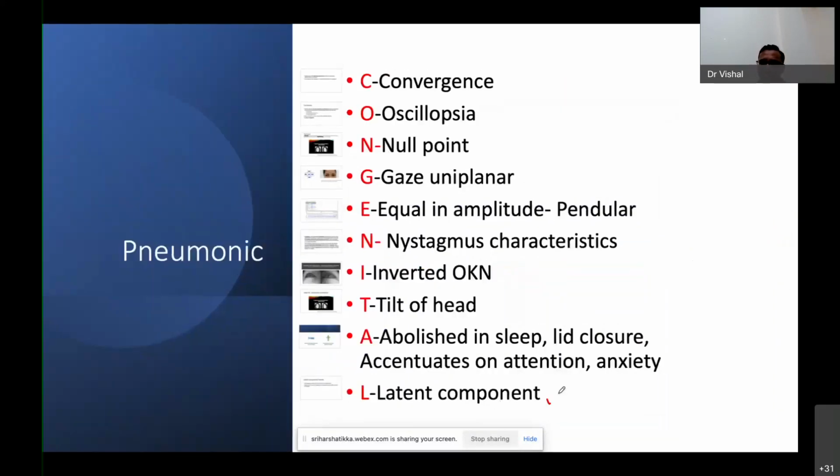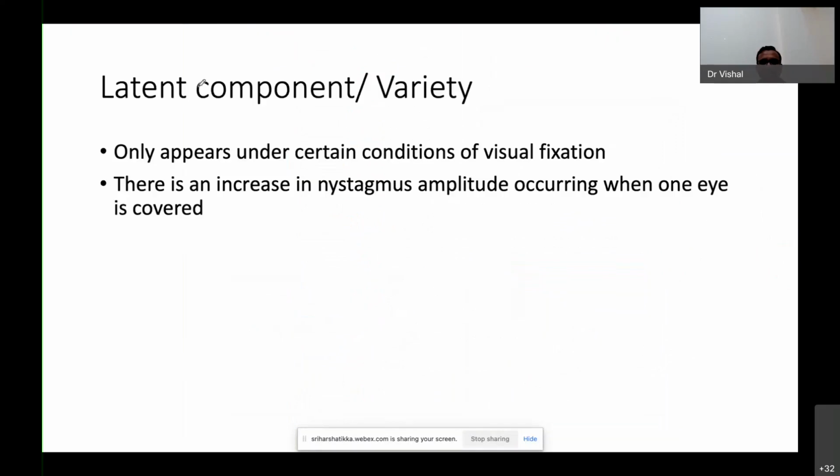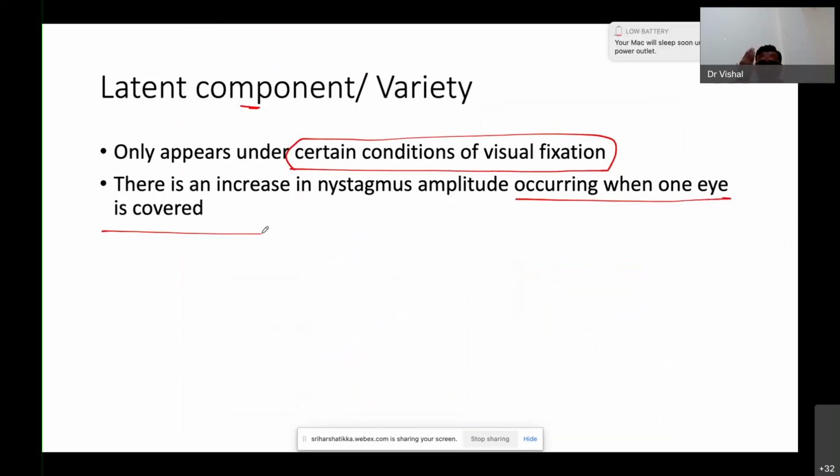Now the last component is the latent component. The latent component appears only under certain conditions of visual fixation. There is an increase in nystagmus amplitude occurring when one eye is covered. When we cover one eye, then these patients usually, I will connect the battery, one second.